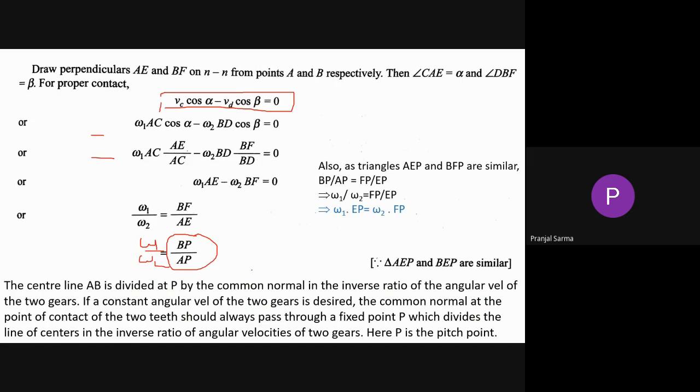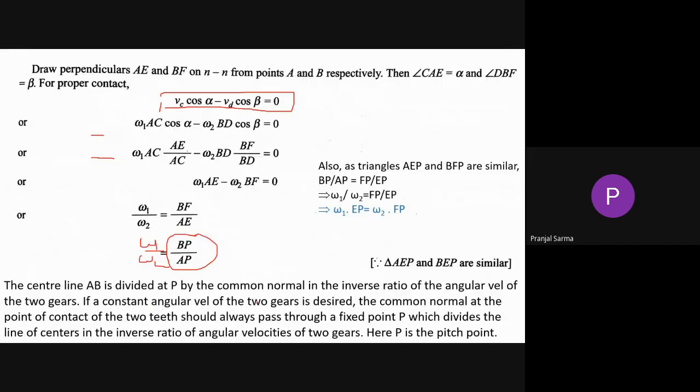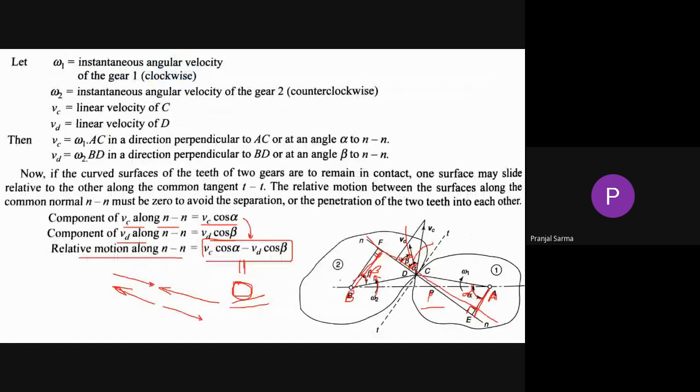So what we have seen is that the center line AB is divided at P by the common normal in the inverse ratio of the angular velocity of the two gears. You have seen it is omega 1 by omega 2 and it is BP by AP. So they are in the inverse ratio.